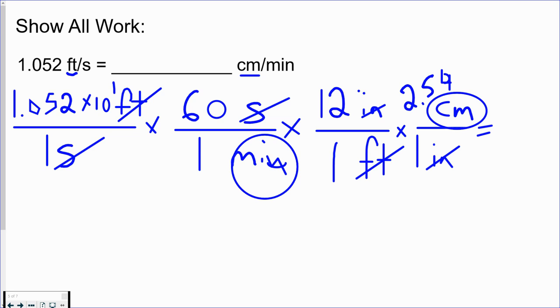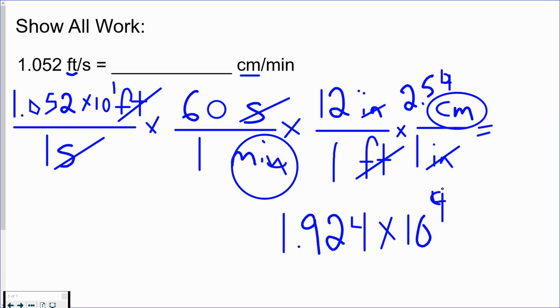So you're going to take your calculator, go ahead and plug that in. And you should get 1.924 times 10 to the fourth, and that is centimeters per minute.